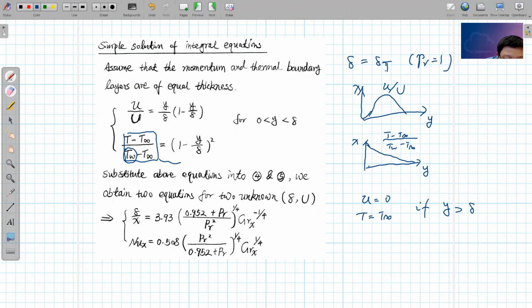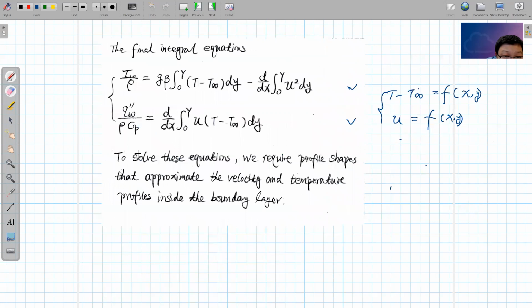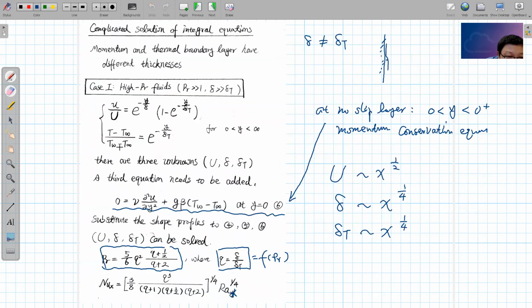Basically, this means that the procedure we use here is only for constant wall temperature, because we assume T wall minus T infinity, which means we know the T wall already.